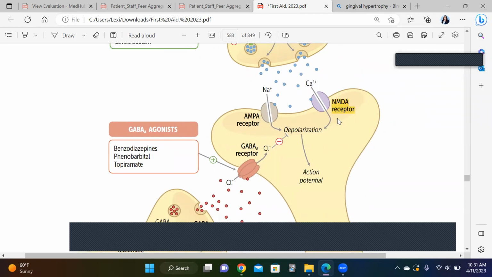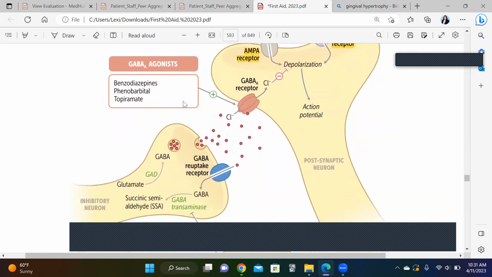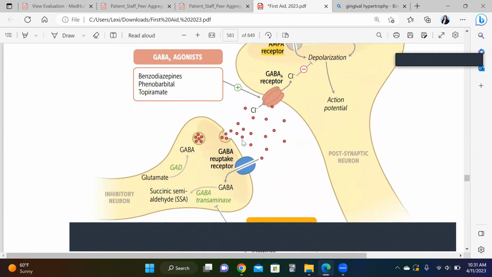Sodium and calcium. Yes, but specifically the NMDA receptor. Okay. And also apparently this AMPA receptor, which I can't say I've ever seen before. Maybe you've seen it before. I haven't. But we'll highlight it so it's a word. And then they have benzos, phenobarbital, and topiramate working on GABA. GABA is excitatory or inhibitory?